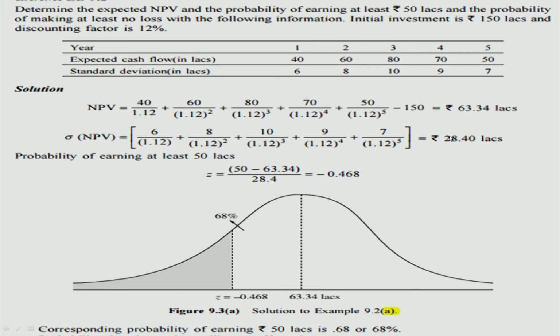So, standard deviation is this, mean is this. So, what is the probability that the project would be earning at least 50 lakh? Just calculate area under curve at z is equal to this, and finally the answer for this question is 68%, right. So, the probability that this project would earn at least 50 lakh rupees is 68%, right.